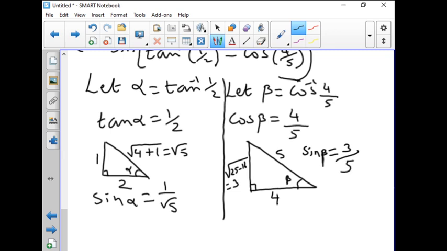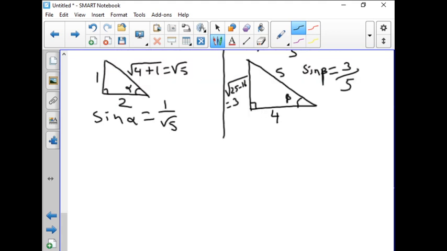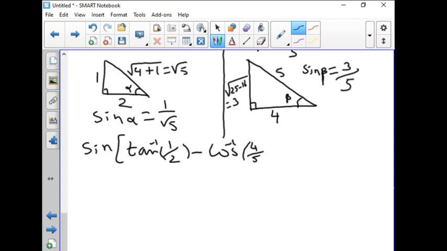Okay. So now, what is the question given? Sin of it is given. So we will write this as sin of tan inverse of 1 by 2 minus cos inverse of 4 by 5 is equal to, we take it as sin of tan inverse of 1 by 2.